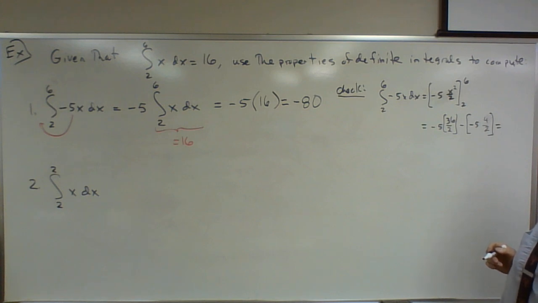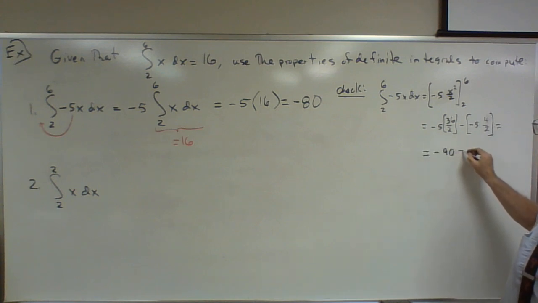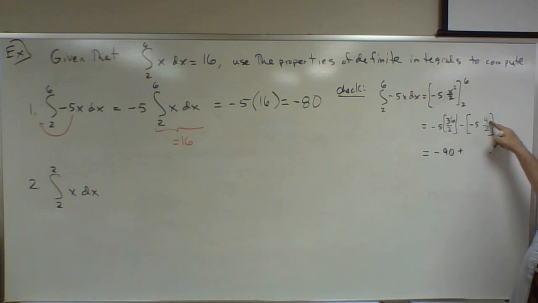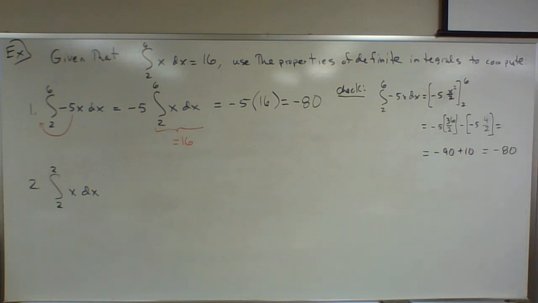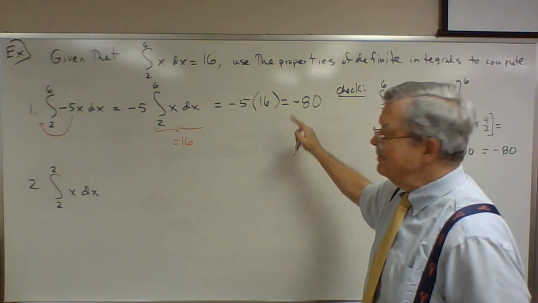What is that? 90, maybe? I think so. -90 plus 5 times 2 is 10, which is -80. Oh, thank goodness I didn't mess it up again. Okay, so the check works. And good thing we checked because I left out my negative sign here.